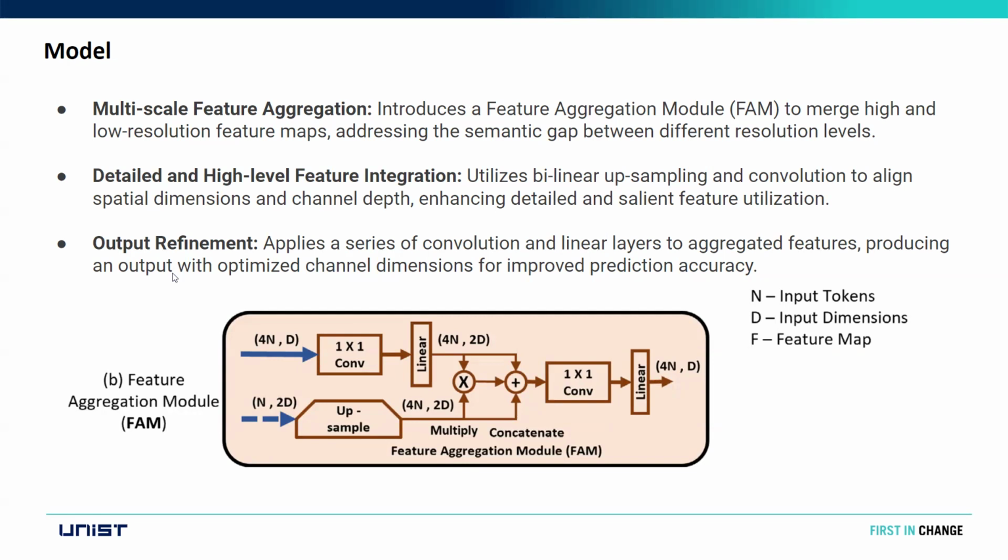So the model uses multi-scale feature aggregation. This aggregation module, which is FAM, is used to merge high and low resolution feature maps, addressing a semantic gap between different resolutions.